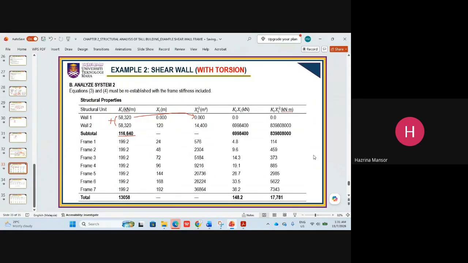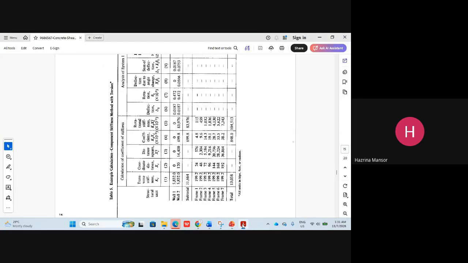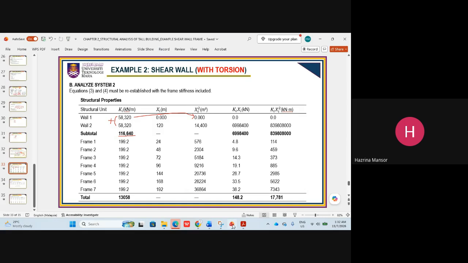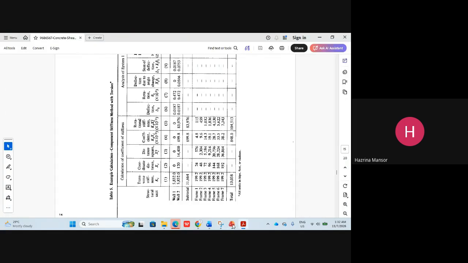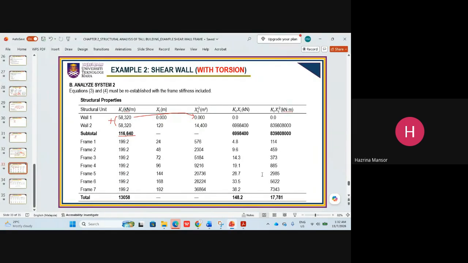Okay. So those are the values that come across. Okay, there is something different here. Did I calculate it wrongly? 115,459, 1032. So this one is 1032. Just double check. KIXI, 199.2 times 5184.